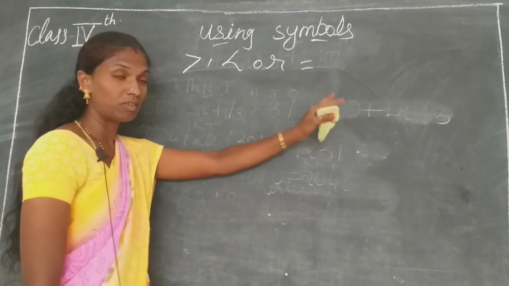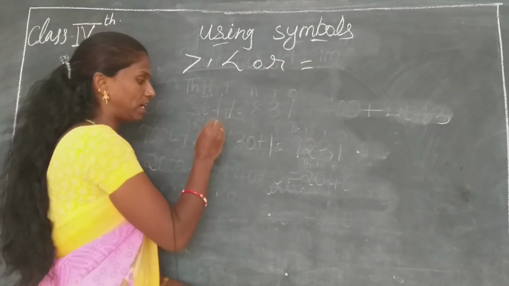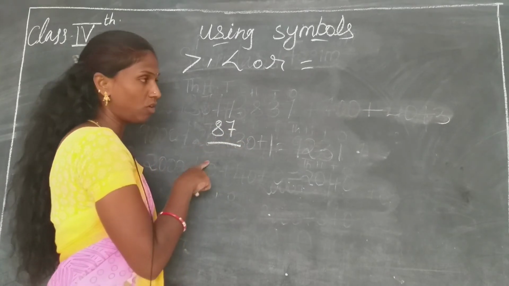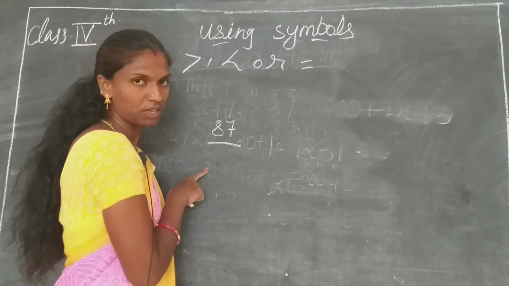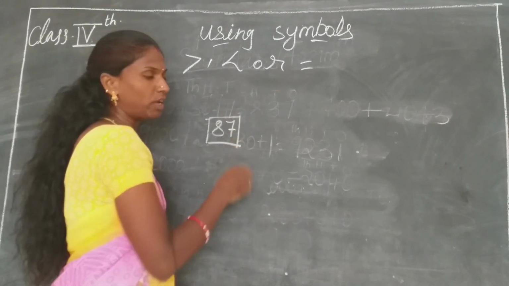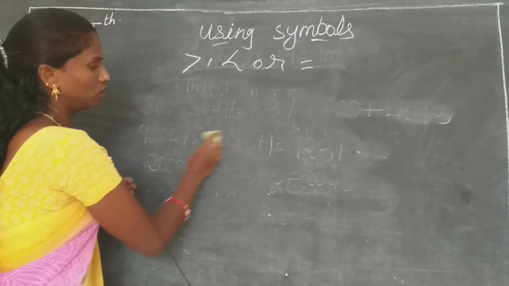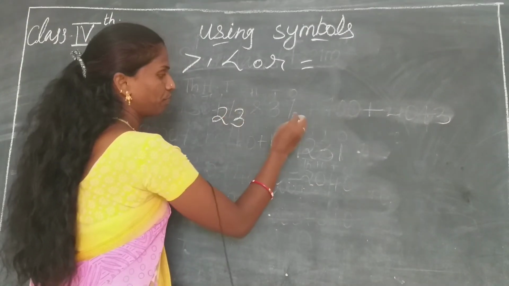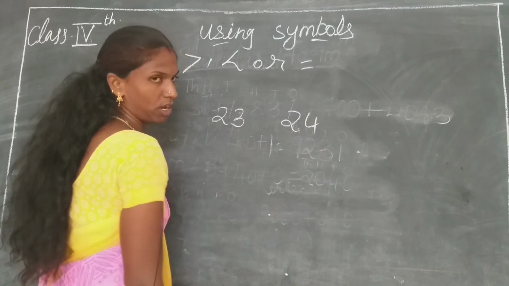Now if I take only 87, how to compare this number, whether it is equal, greater or lesser? I can't compare taking only one number. So we have to take two numbers, two groups of numbers. So here 23 I have taken and here 24 I have taken.